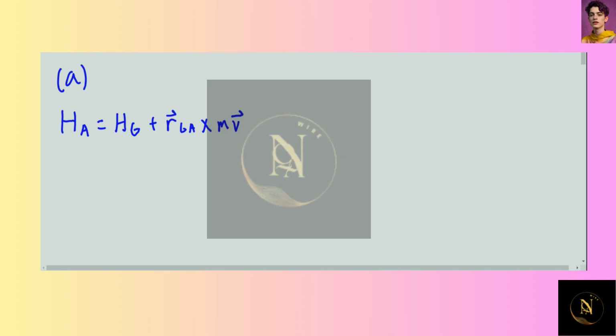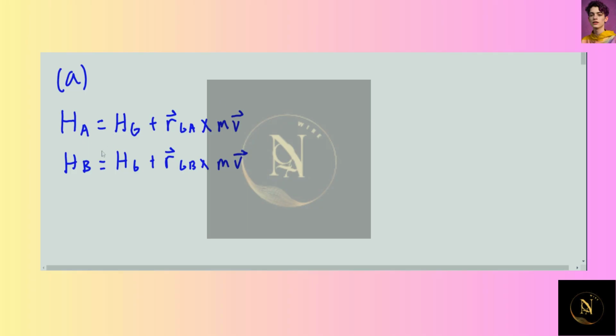And we can say the same thing for the B position. So the angular momentum at the point B is equal to h of G plus the position vector from point G to B cross its linear momentum.